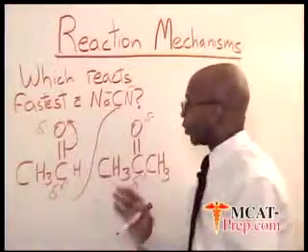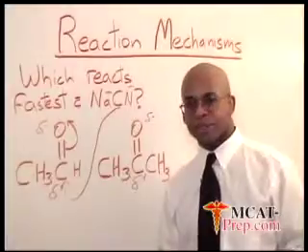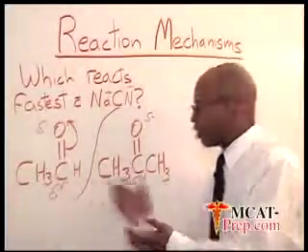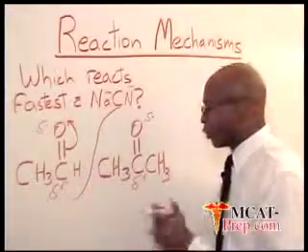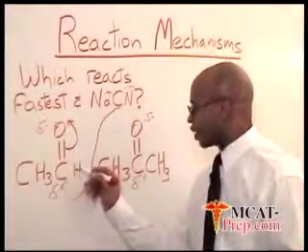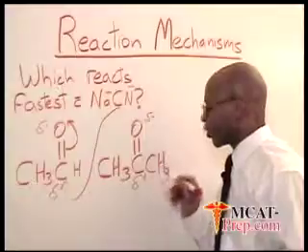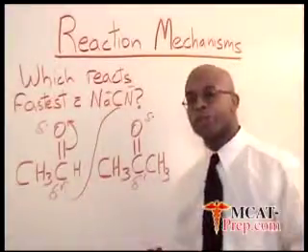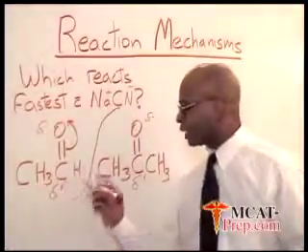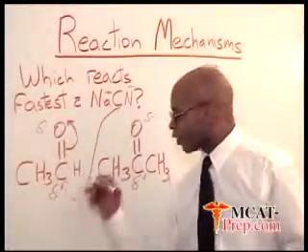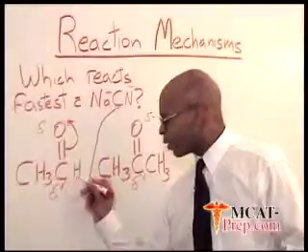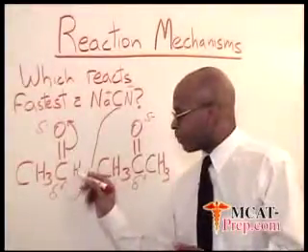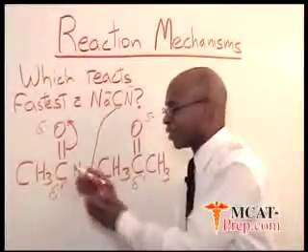So in terms of which would occur faster, we would have to consider, what is the difference between these two chemicals? The only difference is that this hydrogen is replaced with a CH3 group or methyl group. So how will that alter the speed of the reaction? Well, hydrogen is just a proton. So we have to imagine that this is a very small attachment to the carbon.